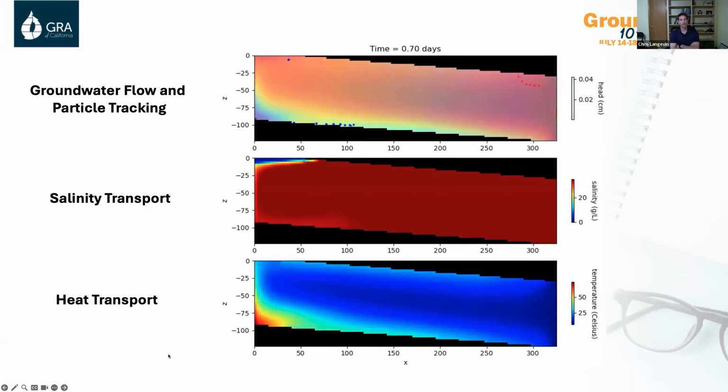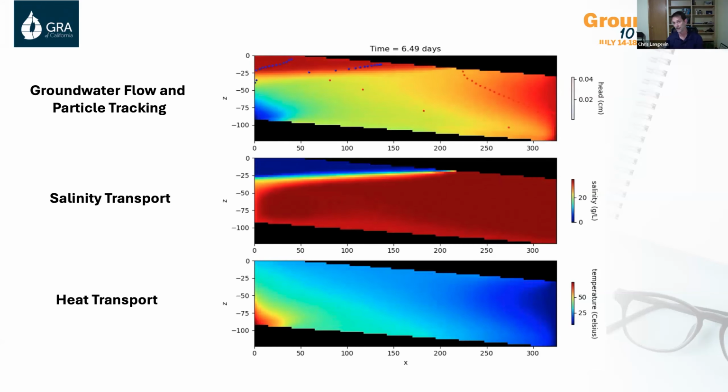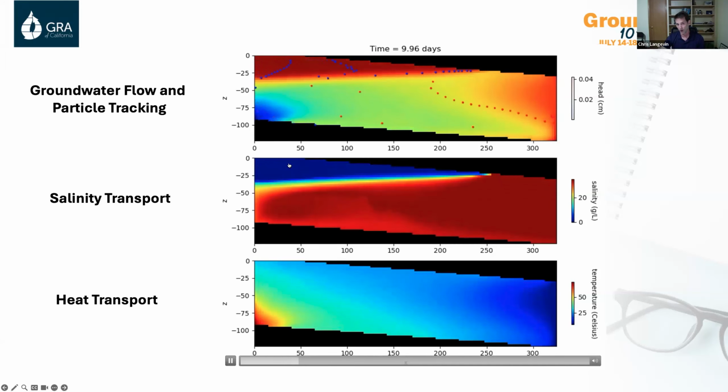So let's go ahead and start this up. You're going to see particles coming in along the top left, representing fresh water, and along the right, representing salt water coming in from the boundary. In the middle panel, you see fresh water infiltrating into the box.